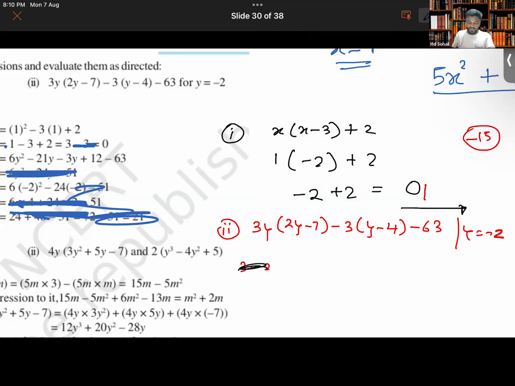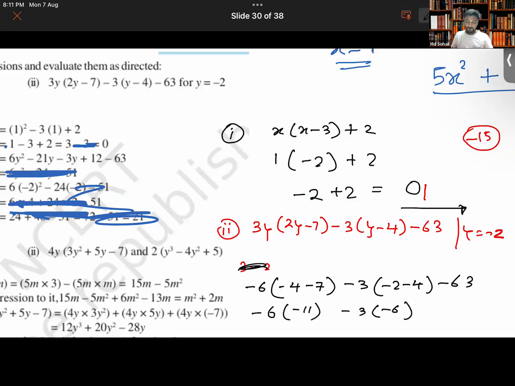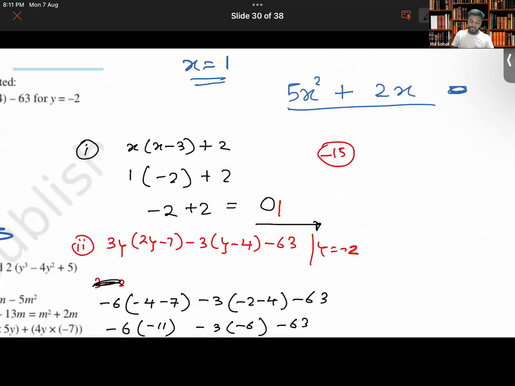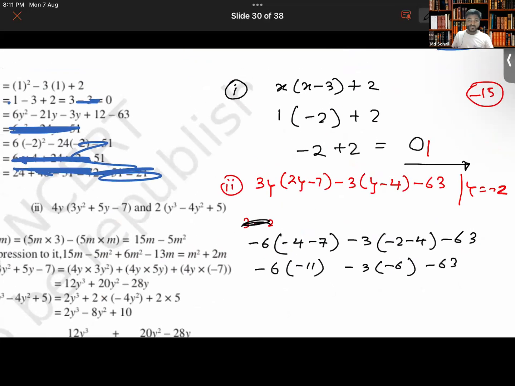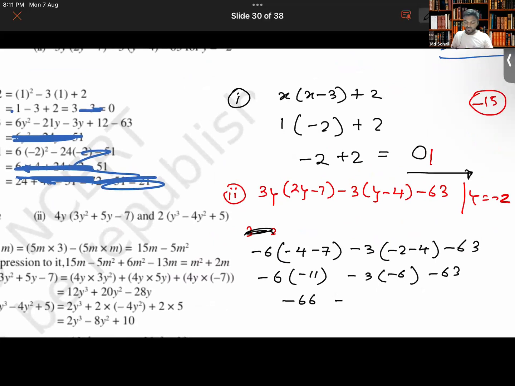Minus 6, and then minus 11, minus 66. Then it's going to be plus 18. And minus 63. All right.